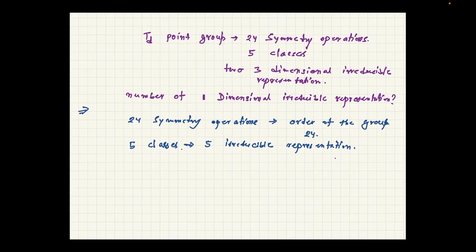Now two three-dimensional irreducible representations are there, it is given. We know that the sum of the squares of the characters of the identity operation for each irreducible representation will be equal to the order of the group, right?